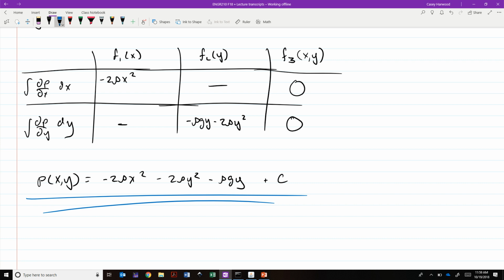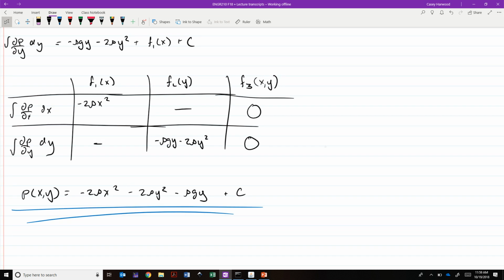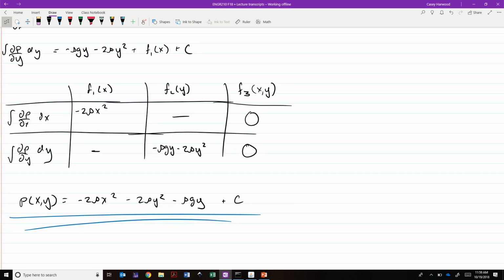Can you explain again the conditions that you're initially checking for that grid that you set up? You want to have every single box filled? No, you don't need to have every box filled, because if you're integrating a function that only has y's in it, and you're integrating on y, you're not going to get any x's out magically. So that doesn't give you any clues about the functional dependence on x.